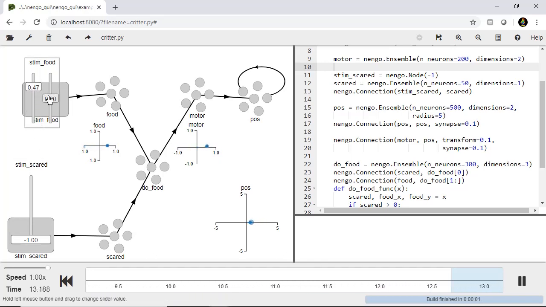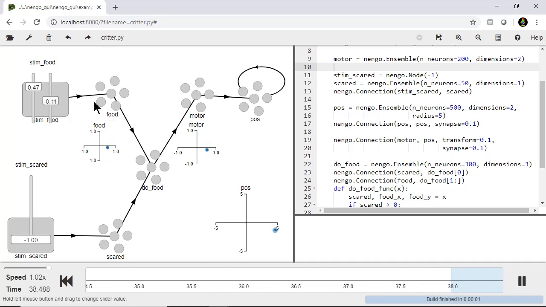You can say go up, it goes up, go down. Maybe a little bit of a weirdness here, where I'm moving food straight up and down, but there seems to be some weird curve that's introduced into the motor. There's actually a reason for that, and we will fix that in a moment.